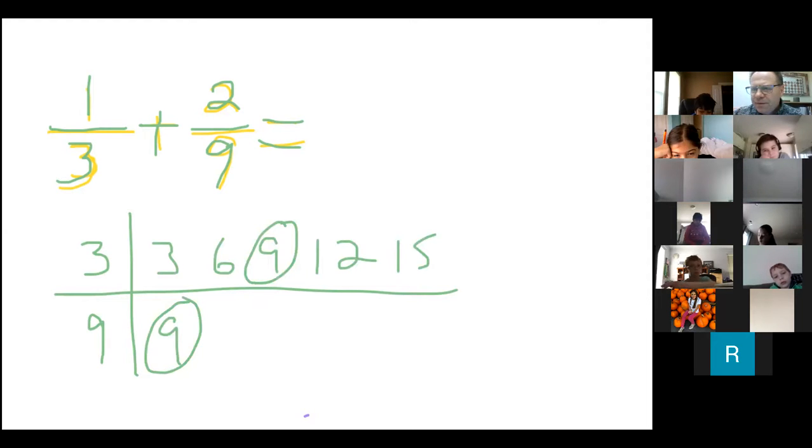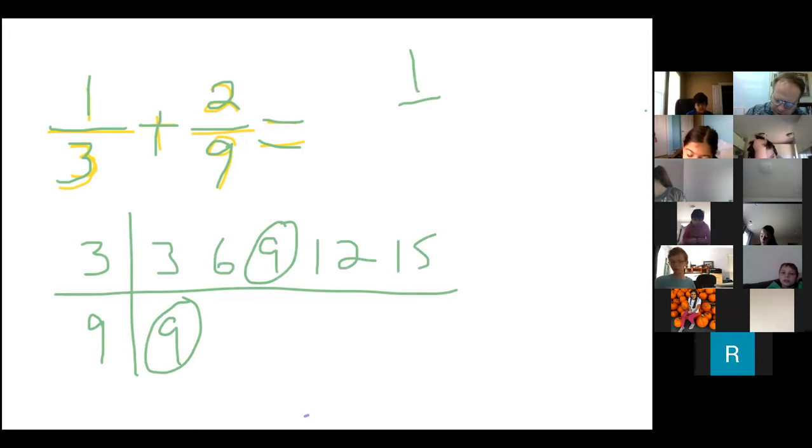Okay? All right, so you see 2 ninths is already in ninths. You have to make the 1/3 into ninths. What do you have to multiply the 3 by to get it to be a 9? 3. Okay, so my 1/3 times 3 on the bottom, and I have to multiply it by the same on the top.